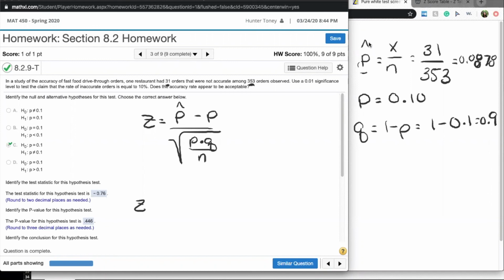So our z will be equal to our p-hat, which was 0.0878, minus our p, which was 0.1, or 0.10 if you like thinking about it that way.